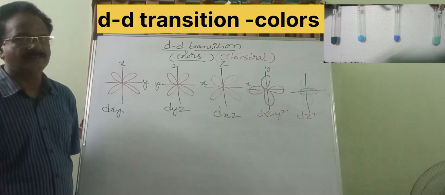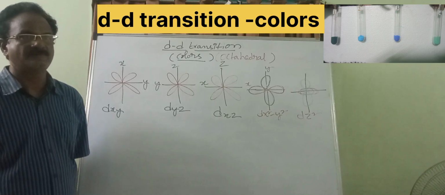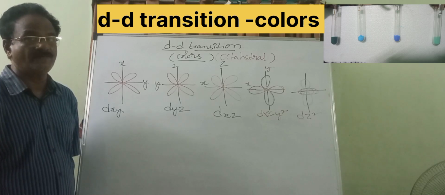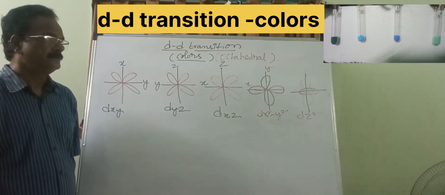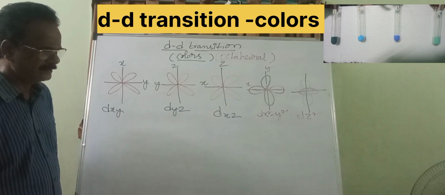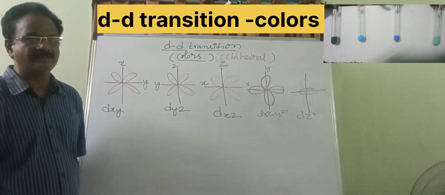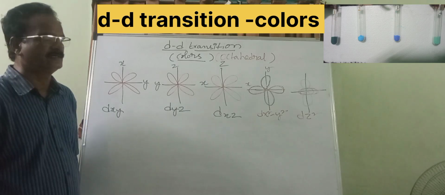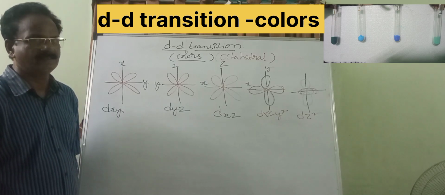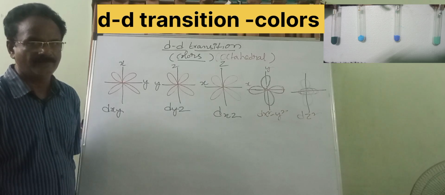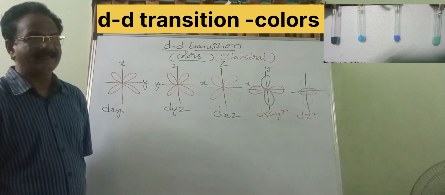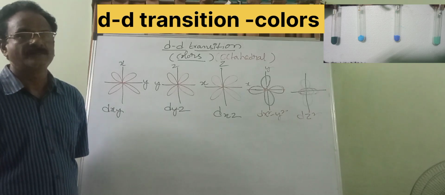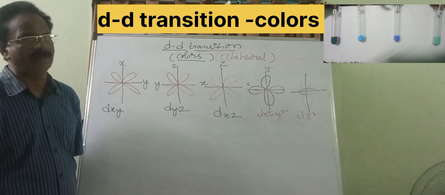So if there is field strength, then the d orbitals split into two sets after the degeneracy is lost. Among the two sets, one set is to be considered as higher energetic, and the other set is to be considered as lower energetic. So the energies of the two sets will be decided by the geometry of the salt or particular complex.